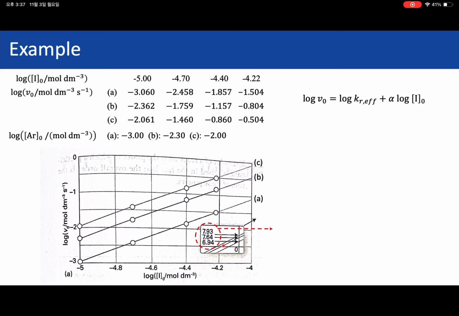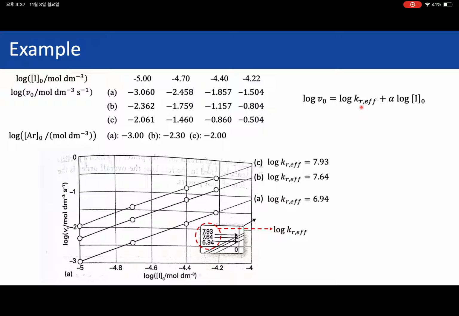A intersects at 6.94, B intersects at 7.64, and C intersects at 7.93. These values are then the log of the effective rate constant, right? This part is the value when log I0 becomes 0, so the log of the effective rate constant is the y-intercept.